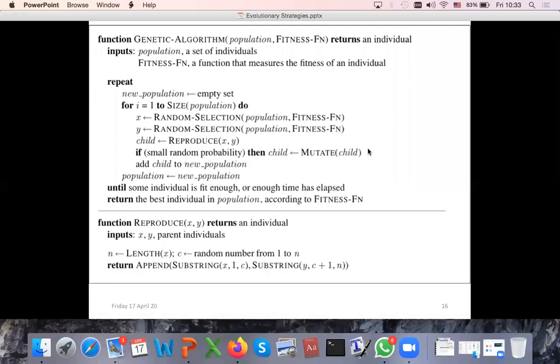And I told you when we were discussing this algorithm that this statement will not execute every time, because it depends on some kind of probability, and when that probability condition is fulfilled, then we can mutate any child that we are getting after this recombination or reproduction process here.